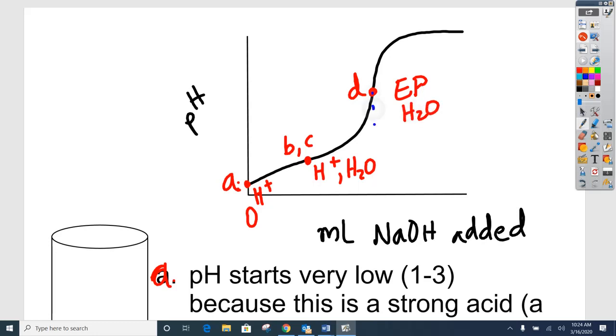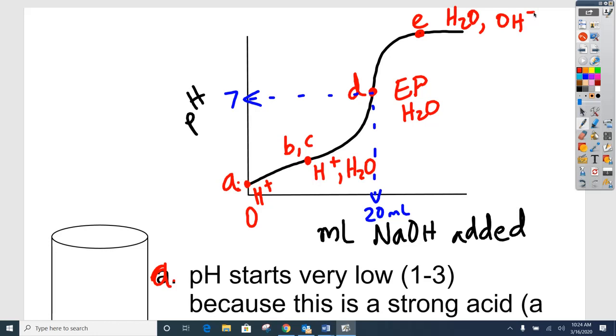For this example, that would occur when we added 20 milliliters of sodium hydroxide. And because the only thing present at the equivalence point is water, your pH at the equivalence point should be equal to 7. If we go any further, this represents E from your notes. You now have water present in the beaker, but you also have a strong base, so your pH skyrockets.